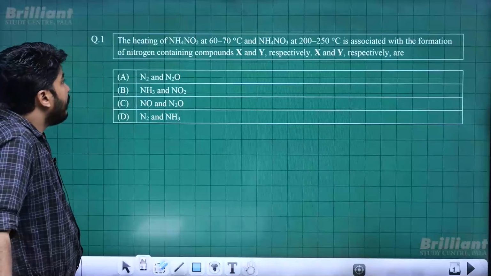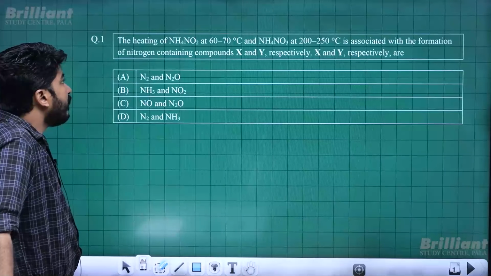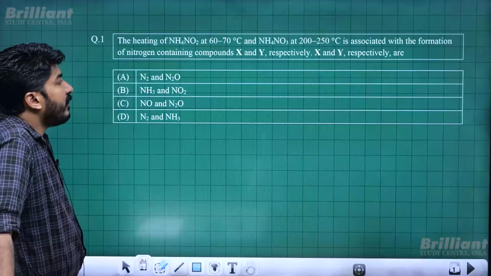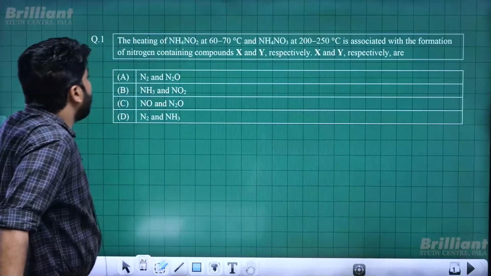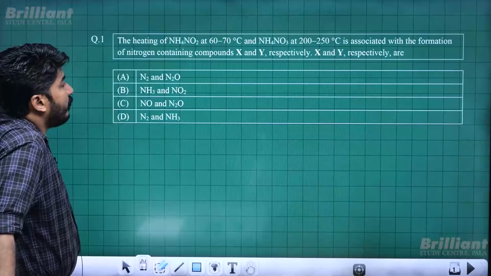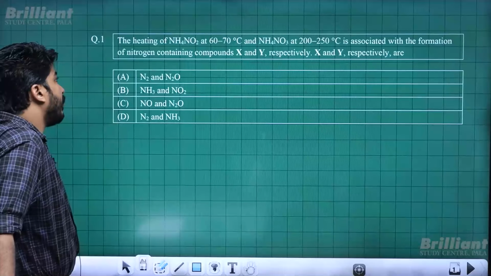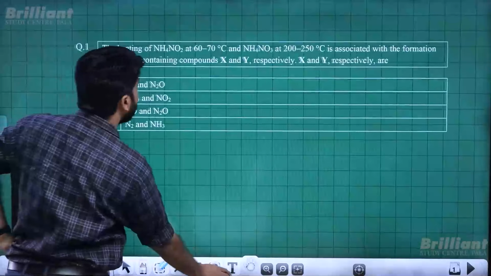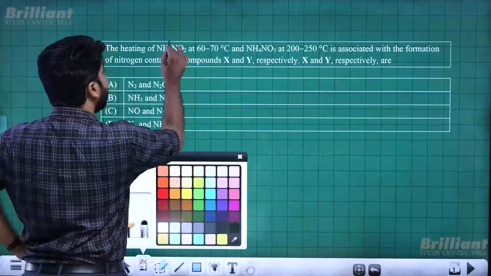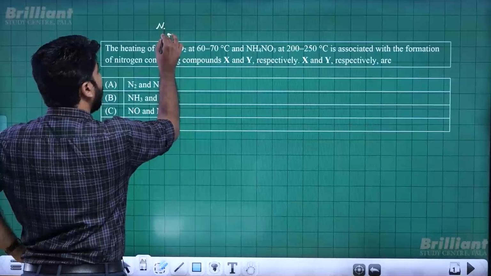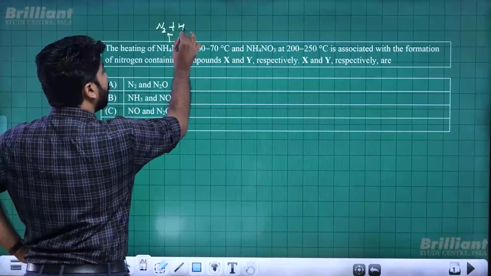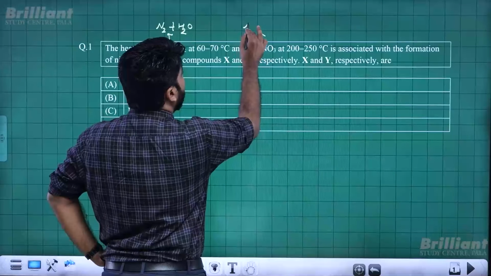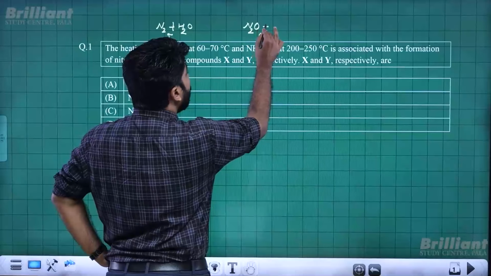The first question given is from inorganic chemistry: the heating of ammonium nitrite and ammonium nitrate at the respective temperature gives the nitrogen containing compounds X and Y. Identify X and Y. Ammonium nitrite, if heated, its thermal decomposition will be giving us N2 gas along with H2O, and ammonium nitrate, if heated, it will be giving a special compound N2O along with H2O.